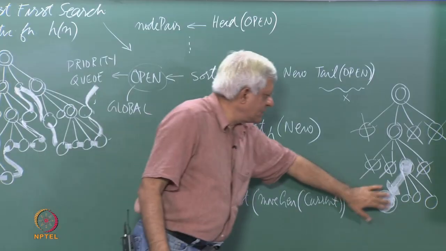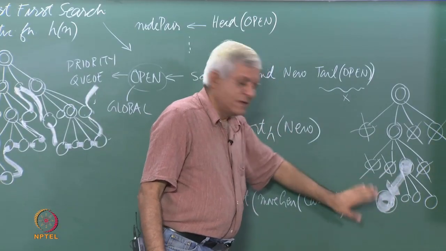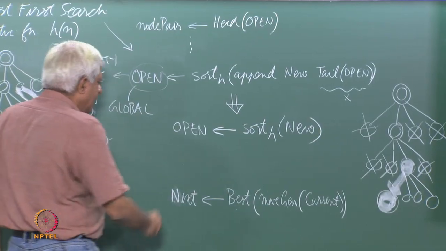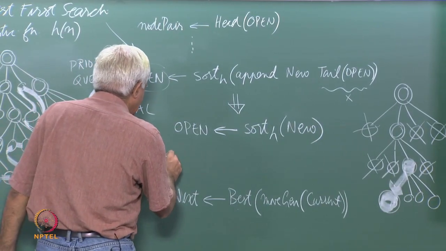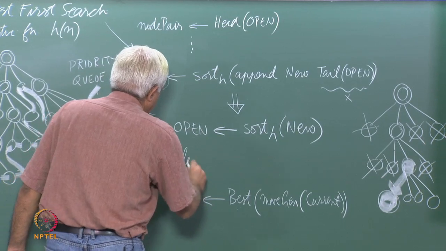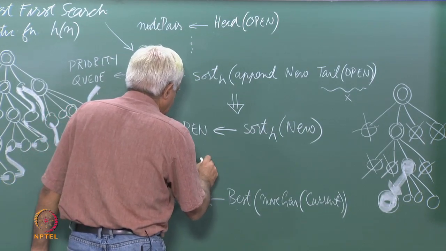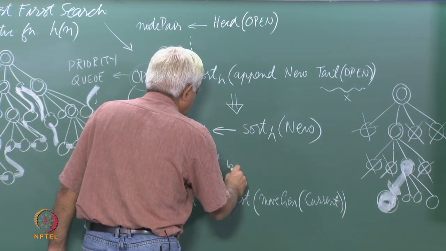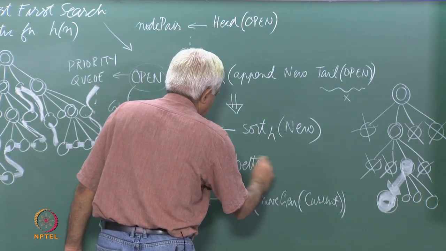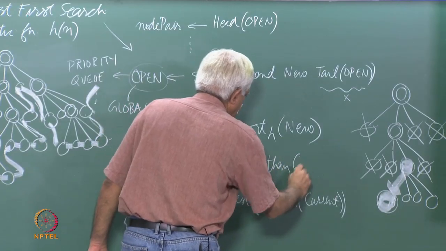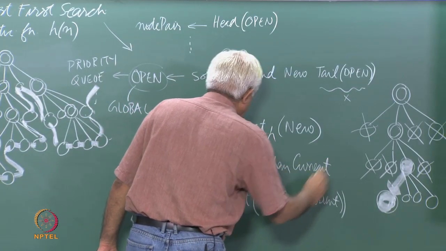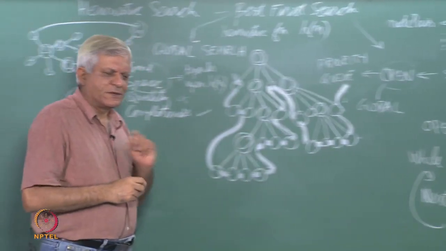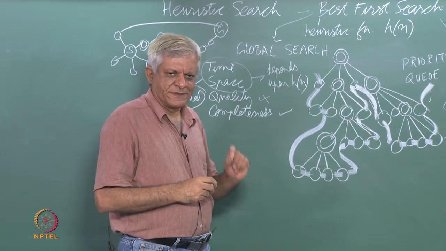Once you have decided that this is the best of these current nodes, you can directly select that, and this can be done in linear time of course. And we just put this in a loop while next is better than current. You just keep doing this, as long as you can see a better node, move to the better node essentially.